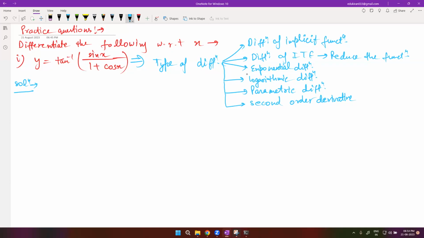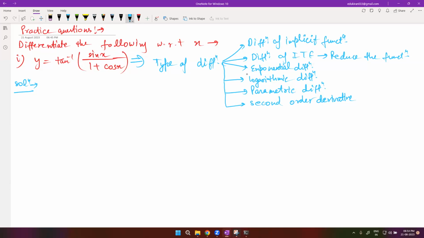So how should we put the right substitution? Either substitution, or you need to reduce this trigonometric function. Reduction of the function can be done either through some trigonometric identity, to make tan inside tan inverse, or by some substitution, right?